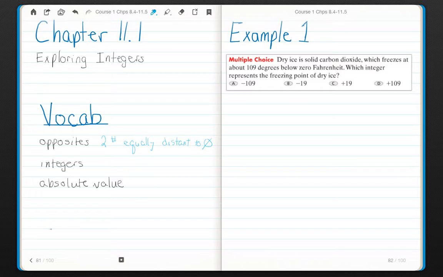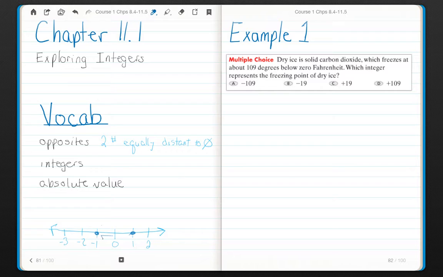For example, if I take a number line, it's not a very straight one, but that's okay. So here's 0, 1 and 2, -1, -2, -3. 1 and -1 are opposites.